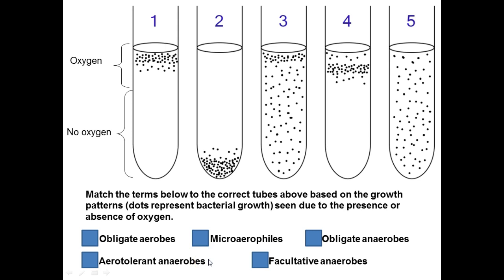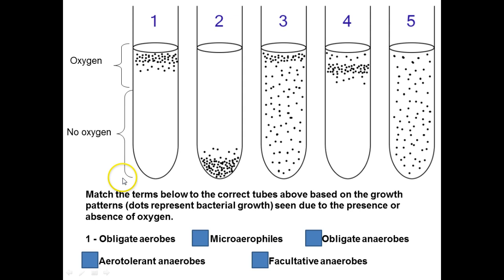So this diagram is just a dot plot diagram, just representing growth by dots. And again, this is to represent our FTM tube. So in the top, right? If it's properly prepared and our media is fresh, then we just have a little zone here at the top of oxygen and then no oxygen at the bottom of the tubes, right?